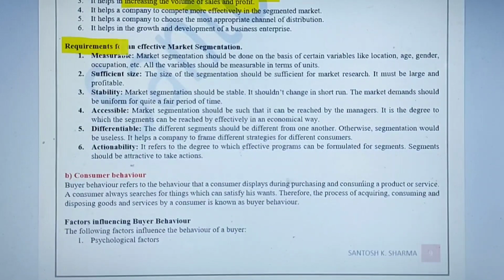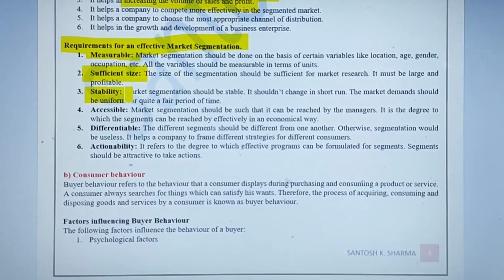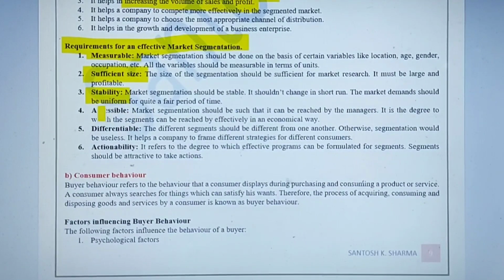A few requirements are there for effective market segmentation. How does a company do that? What are the basic essential requirements? The first one, it should be measurable, it should be sufficient in size, and it should be stable. It should not be very flexible or changeable.